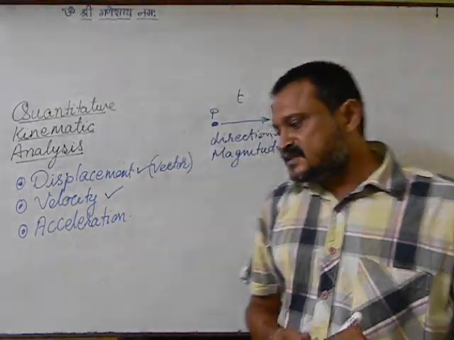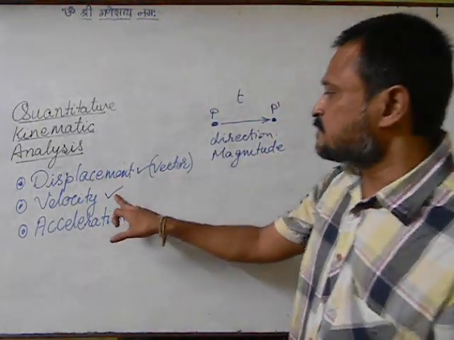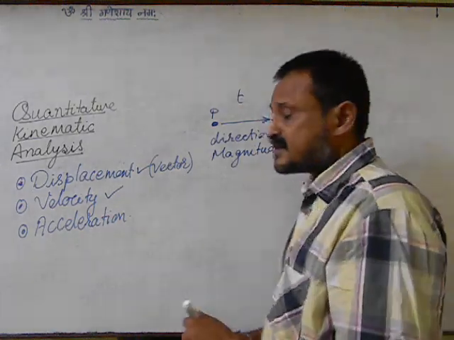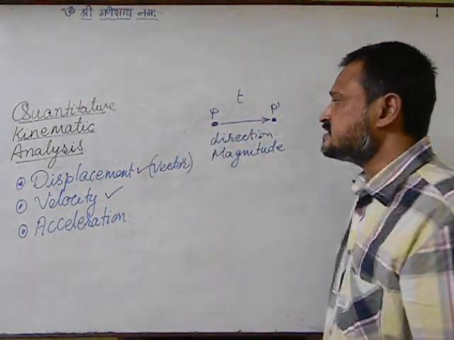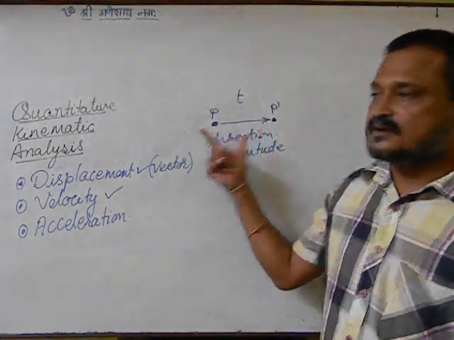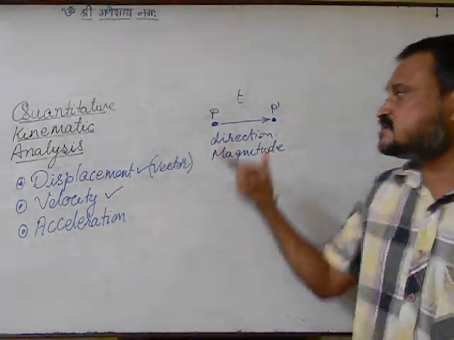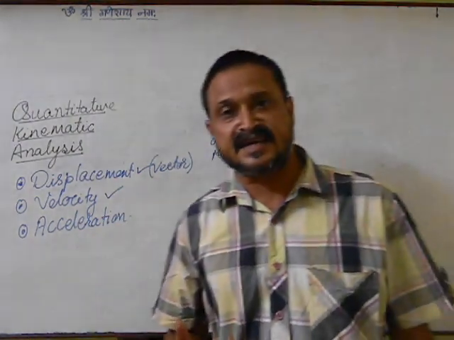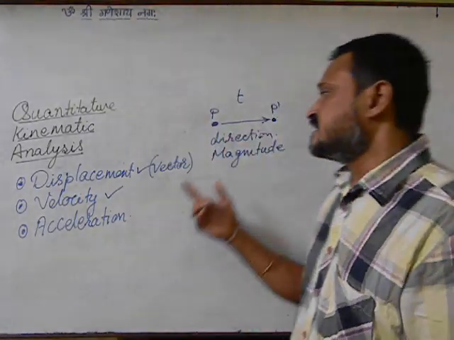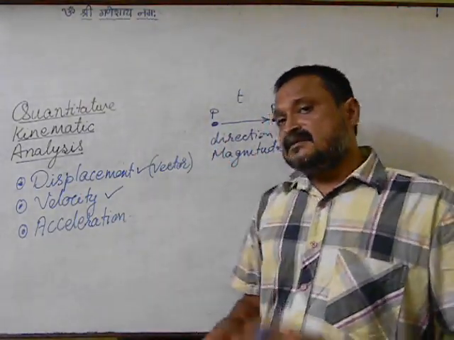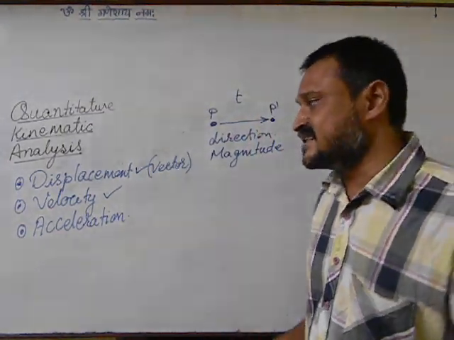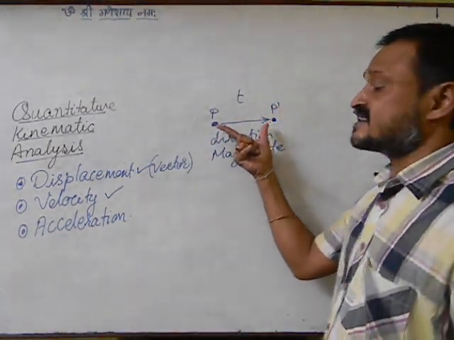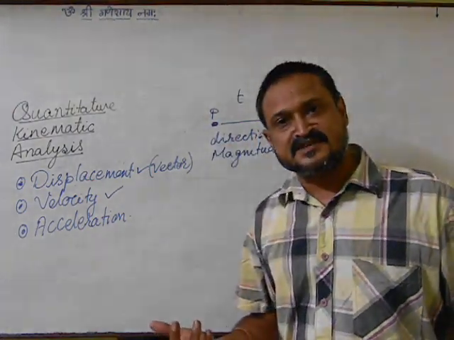Fine. So when this is there, we can very well represent the velocity as well. Now if you see, velocity is the ratio of displacement with respect to time. That means we can very well, with the help of some other scale, represent the velocity, because it is just the ratio of this displacement with respect to time.